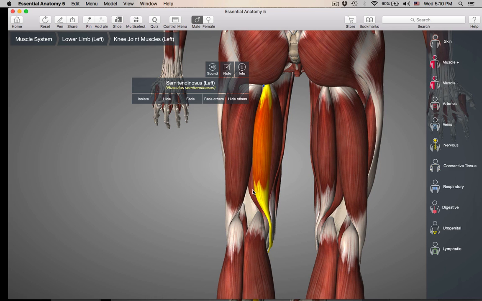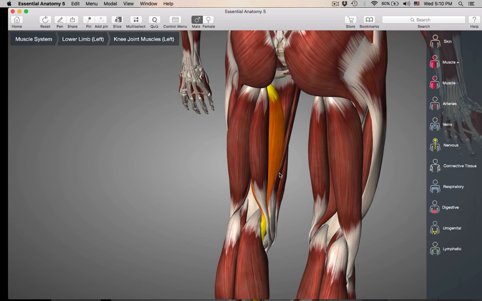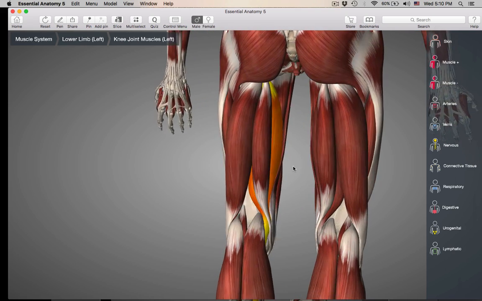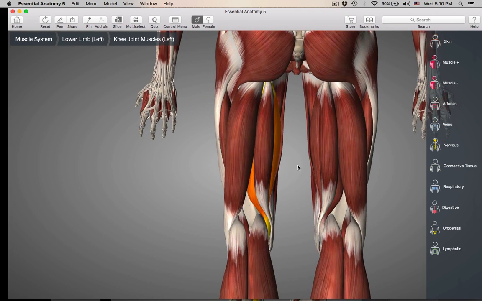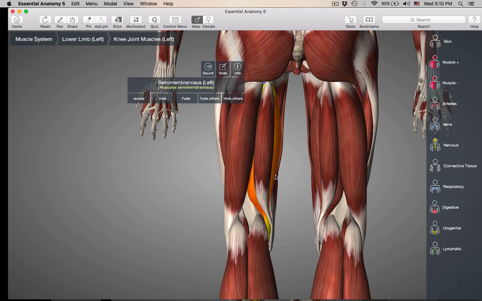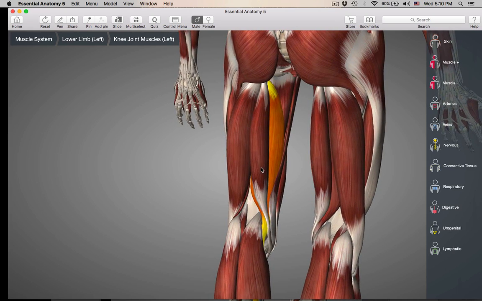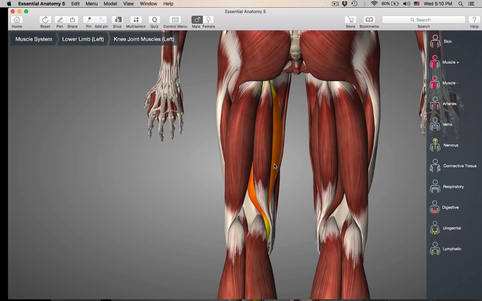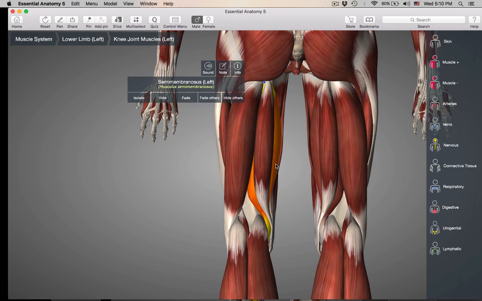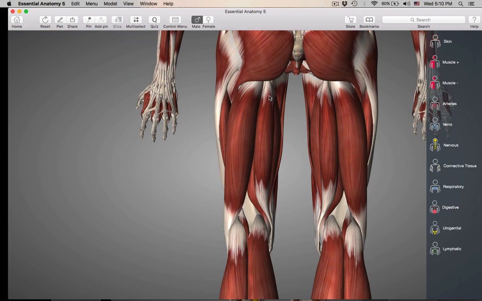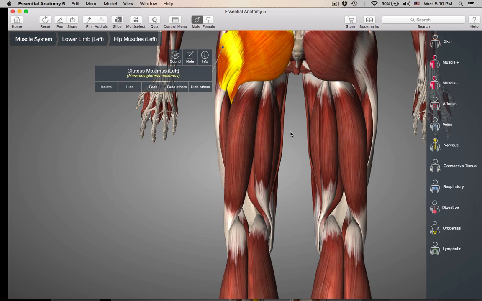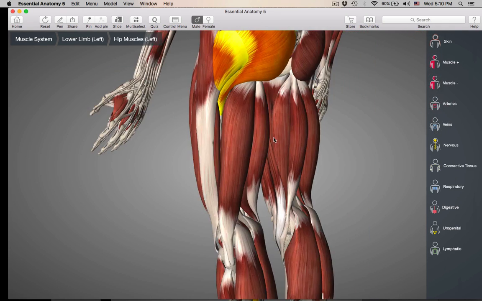Deep to semitendinosus is going to be the semimembranosus, which is a really big muscle. But you can see the semimembranosus peeking out here. And that'll be easy to see on the cadaver. It'll be easy to see on the leg models that we have in our room too. So those are the three hamstrings, and together with the gluteus maximus, those are going to make up the hip extensors.